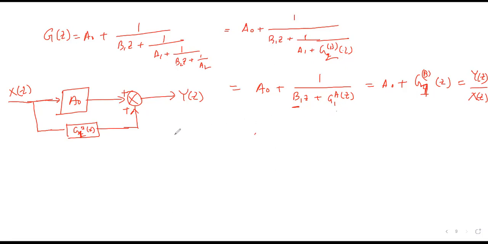So what you can see is that this block here, we are just giving it terminal 1, and this is your terminal 2. So terminal 1 will be going through 1 by B1, and then a delay, because B elements need a delay, and then a feedback of the next one. So the feedback of the next one is basically your G1AZ.